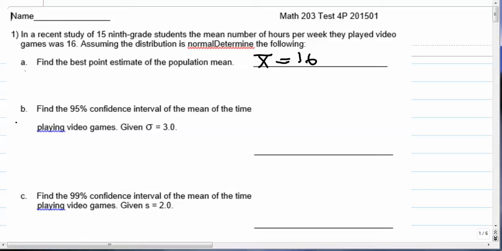Part B, we want a 95% confidence interval for the mean time students are playing video games. We are given sigma is equal to 3.0. So we want a confidence interval. We are told what the population standard deviation is, and so therefore we have a formula.